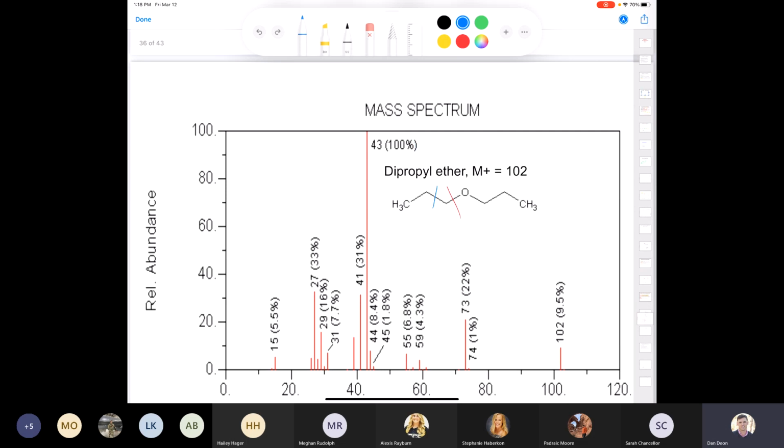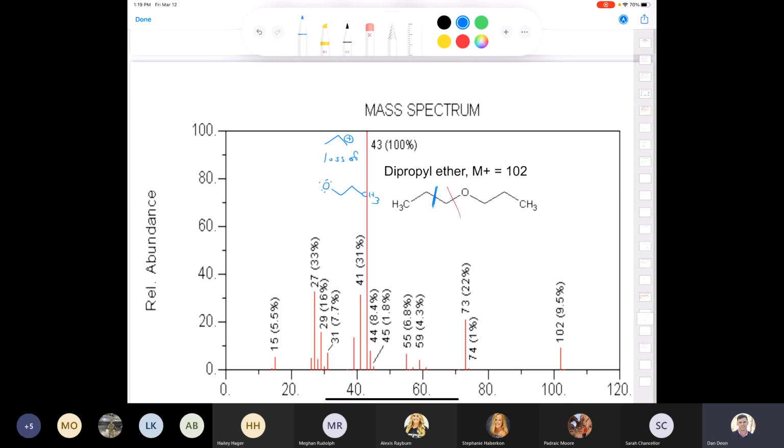So that's 102, subtract 43, which gives you 59. So that would be a cleavage of the blue bond here. This would be due to the propyl radical, and as long as you do your best to draw this, it would be loss of this radical.